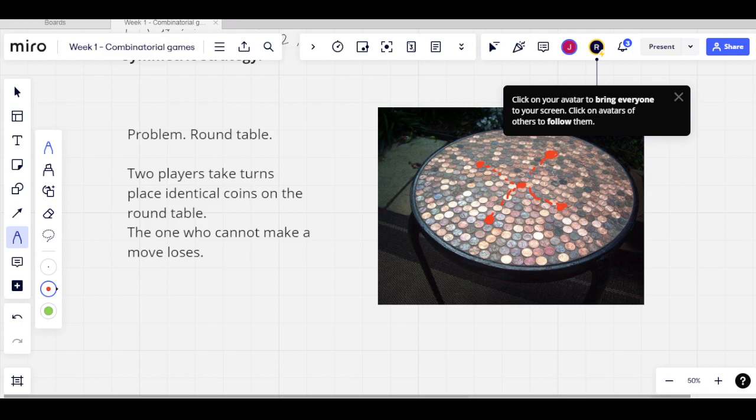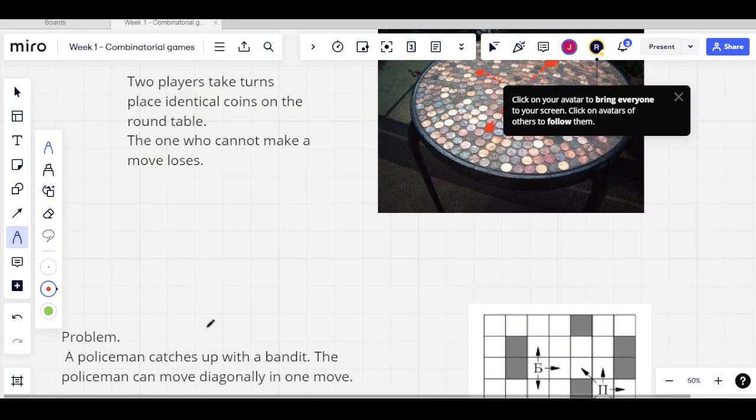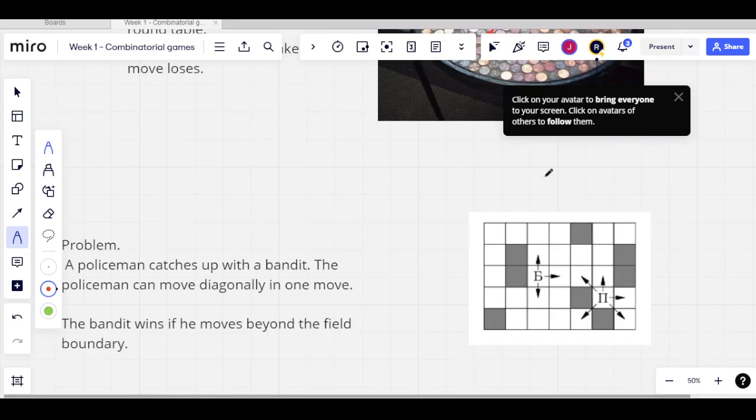The first player will win. The trick is to place the first coin in the center of the table. Okay, I think it's clear.